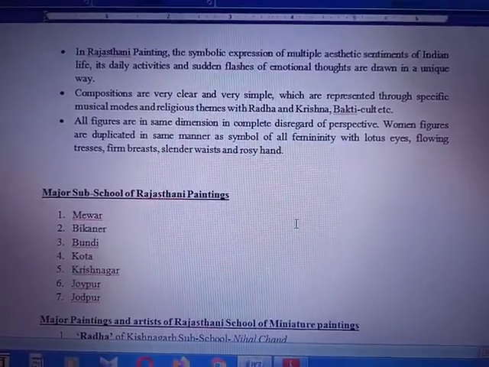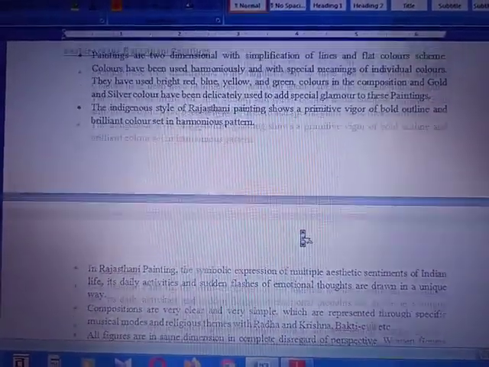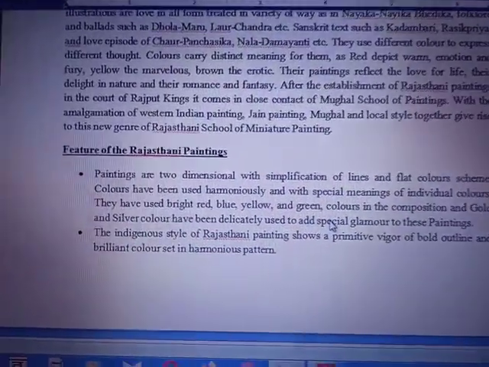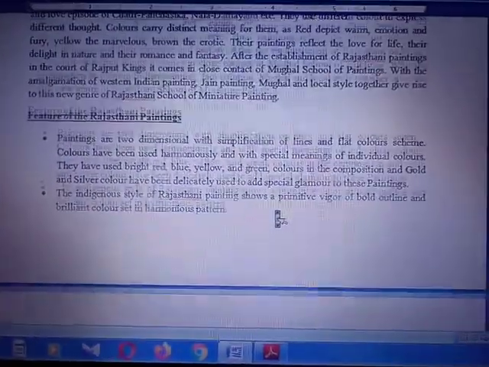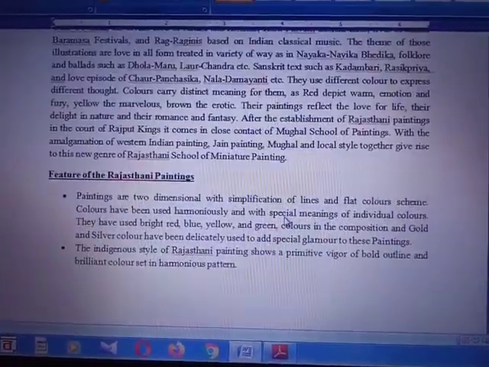So now let me tell you the important schools. If the question comes, what are the main features of Rajasthani painting, then you have to write down these characteristic features of Rajasthani painting.